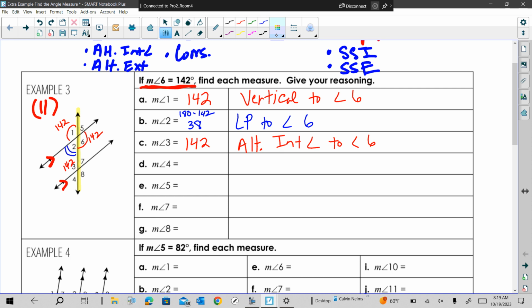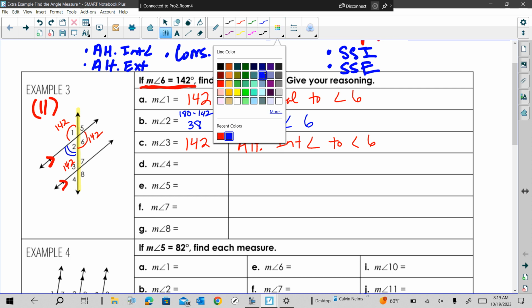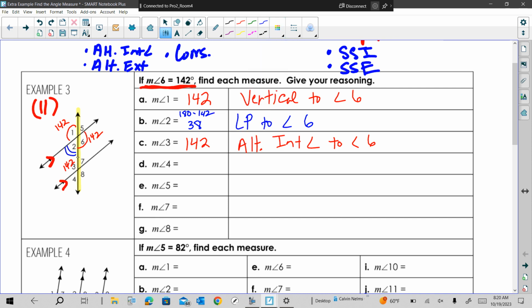And if they're corresponding, their measures are equal. So right off the bat, I already know angle 4 is also 38. It's corresponding to angle 2, and corresponding angles are congruent. I should have written this on the diagram. So we've got 38, 38.